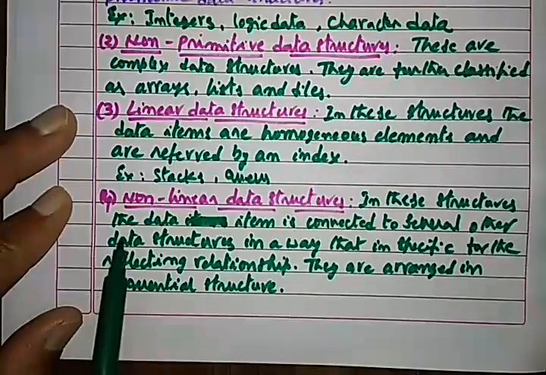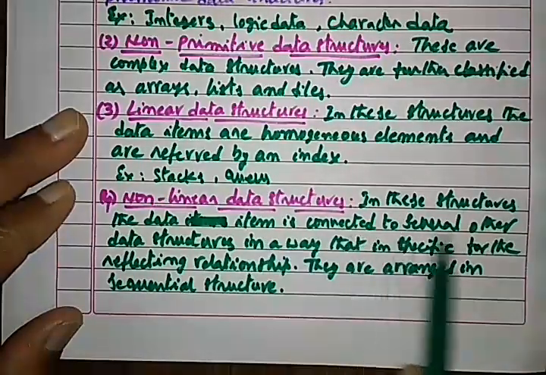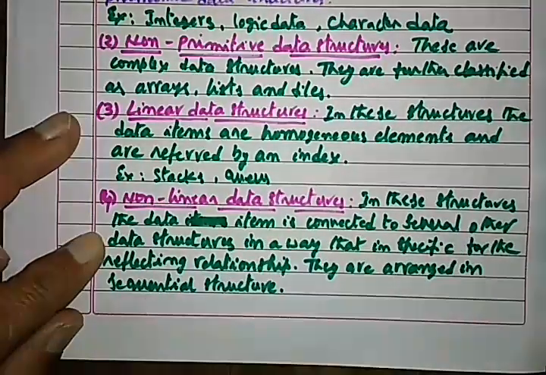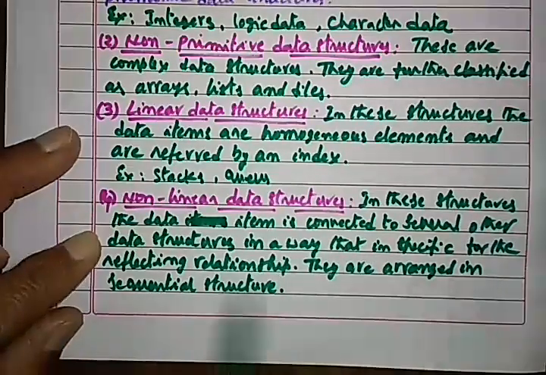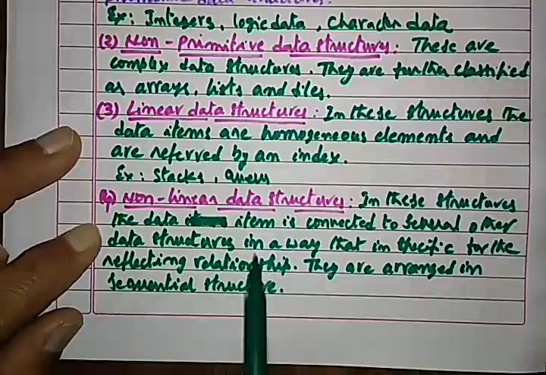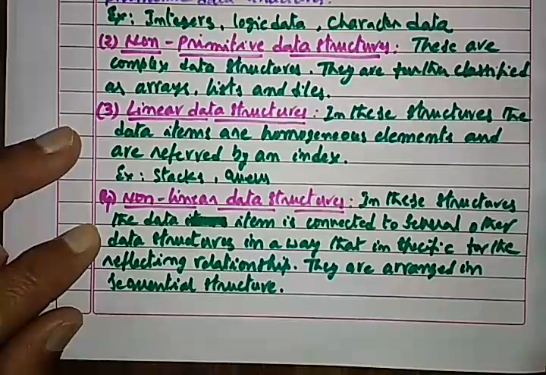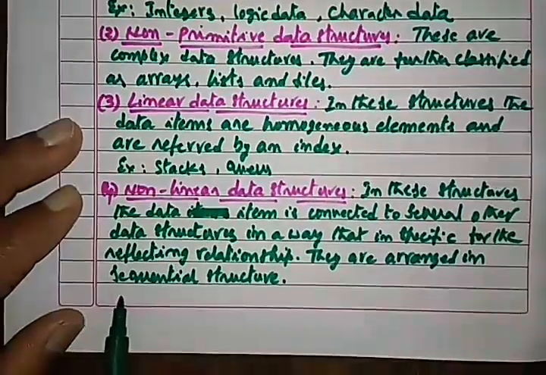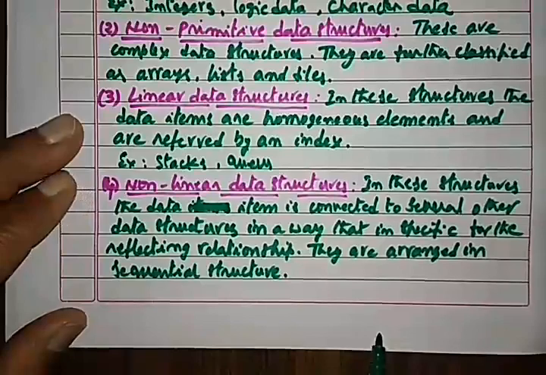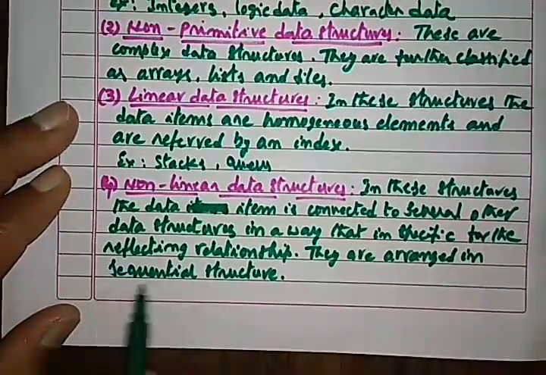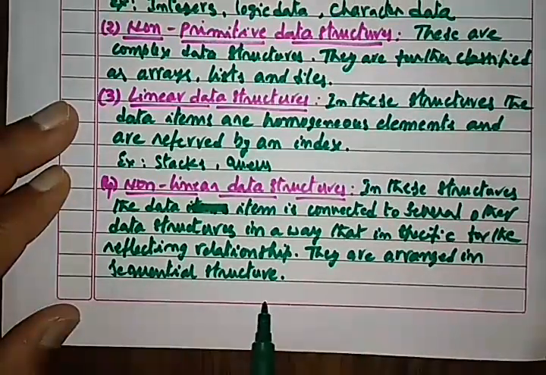It will show its relations with the other things. They are not arranged in a sequential structure. These things you will understand if you go further into the subject. Sequential means one after the other, it is arranged.